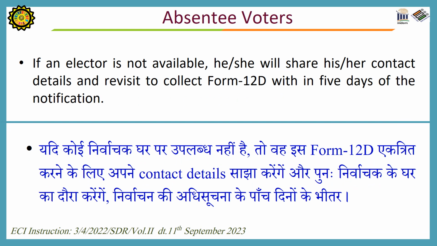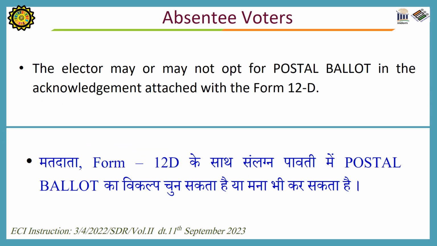If an elector is not available, they will share the mobile number and revisit to collect Form 12D within 5 days of the notification. The elector may or may not opt for the postal ballot in the acknowledgement attached with the Form 12D.